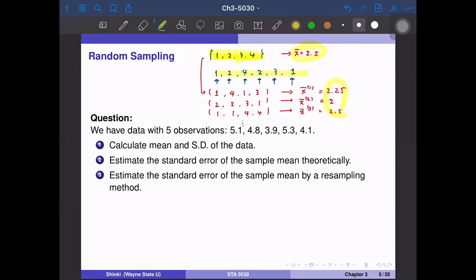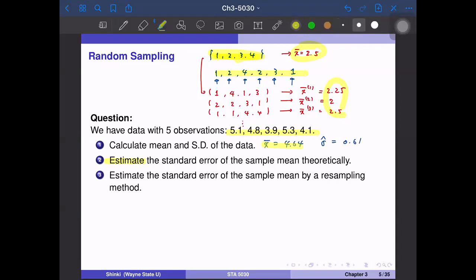Okay, so now we work on an example. We have data with 5 observations: 5.1, 4.8, 3.9, 5.3, 4.1. And we want to calculate the sample mean and the sample standard deviation of the data. Then we estimate the standard error of the sample mean theoretically. So actually, X bar is equal to 4.64, and the standard deviation sigma hat is equal to 0.61, but with these 5 observations, we can only see 1 X bar.